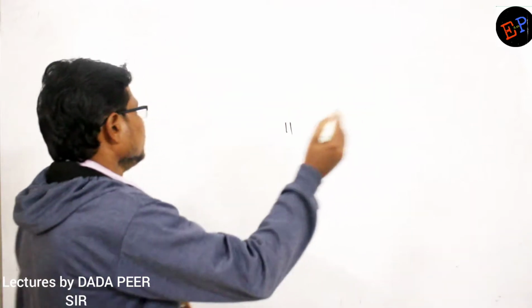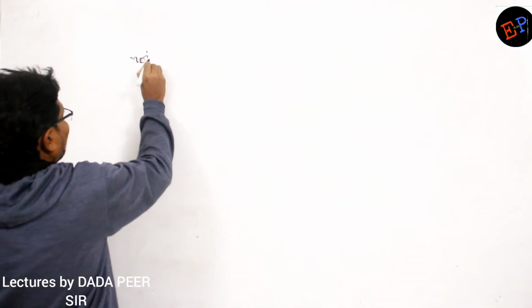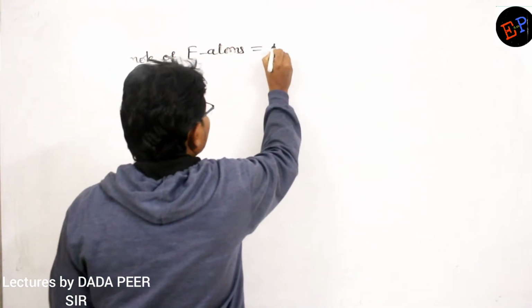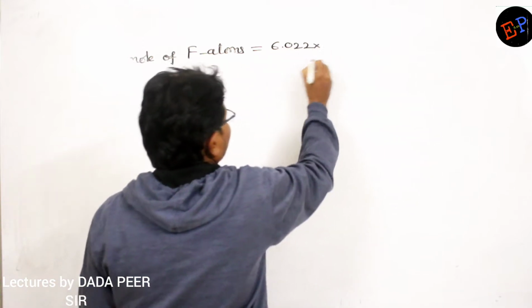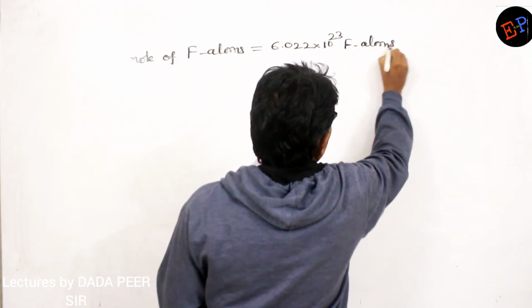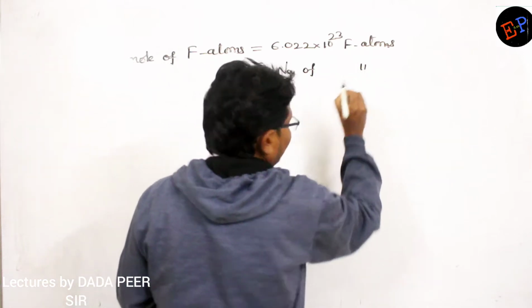How many atoms are present in 1 mole of fluorine atoms? 1 mole of fluorine atoms is equal to 6.022 into 10 to the power of 23 fluorine atoms. Nothing but Avogadro number of fluorine atoms.